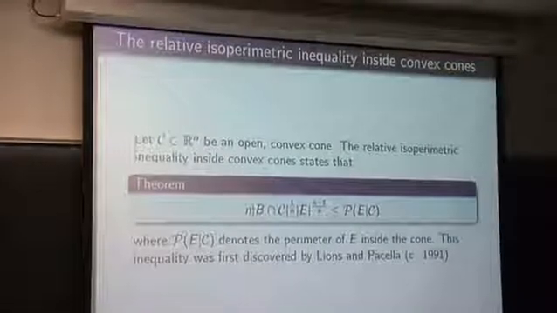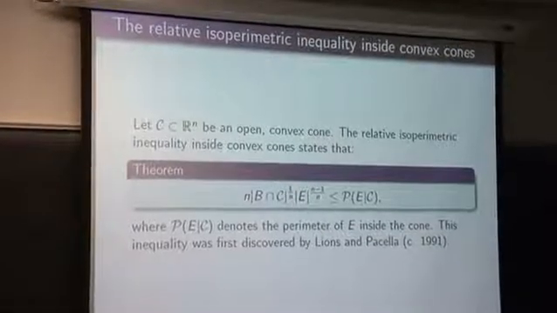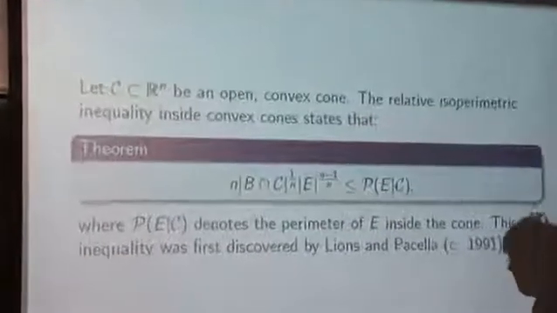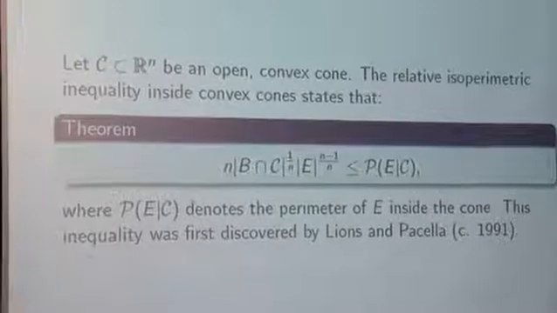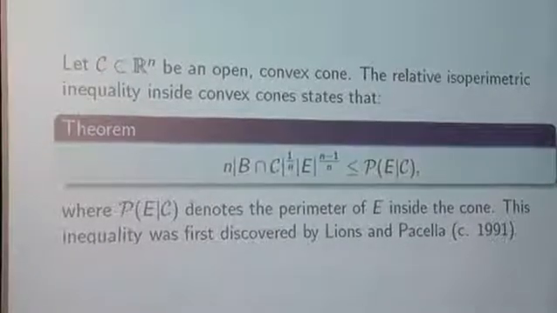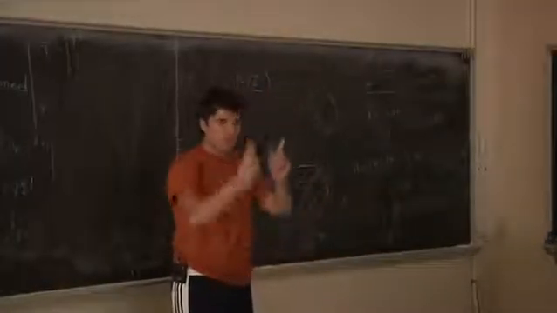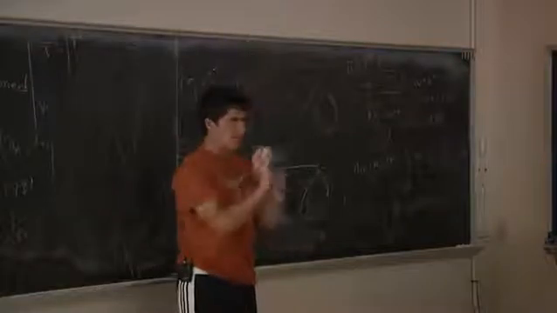Okay, so the problem that Figalli gave me was in the context of convex cones. I was out of time here, so let me speed through this. Suppose you have an ice cream cone, just shoot out rays to infinity along its boundary.